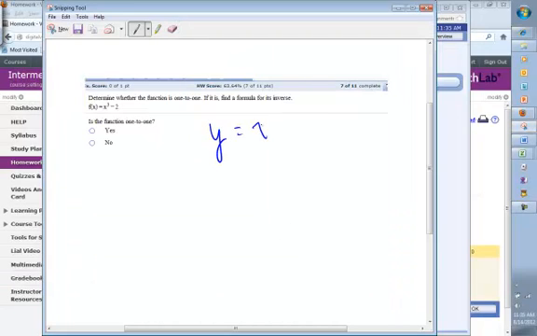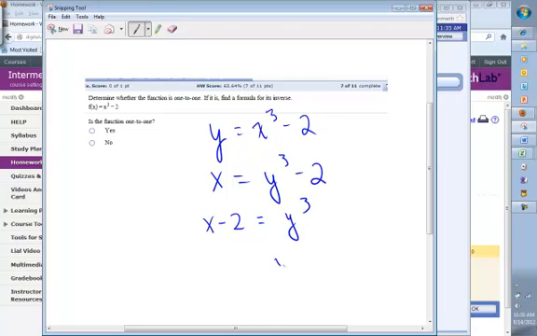Y equals x cubed minus 2, switch the letters, solve for y. X minus 2 is y cubed. Take the cube root of both sides. Cube root x minus 2.